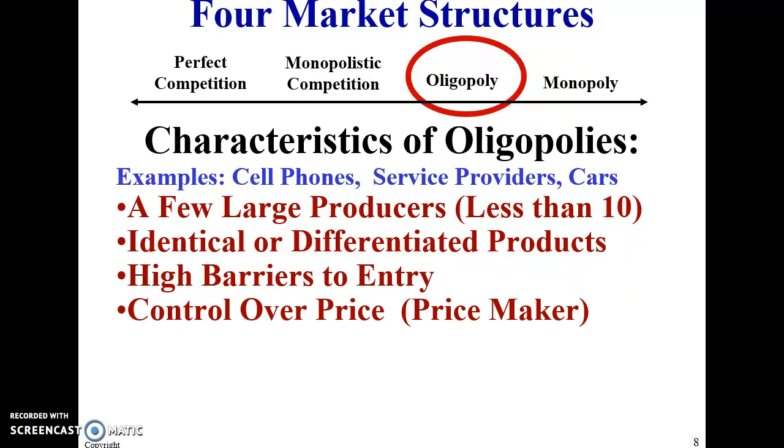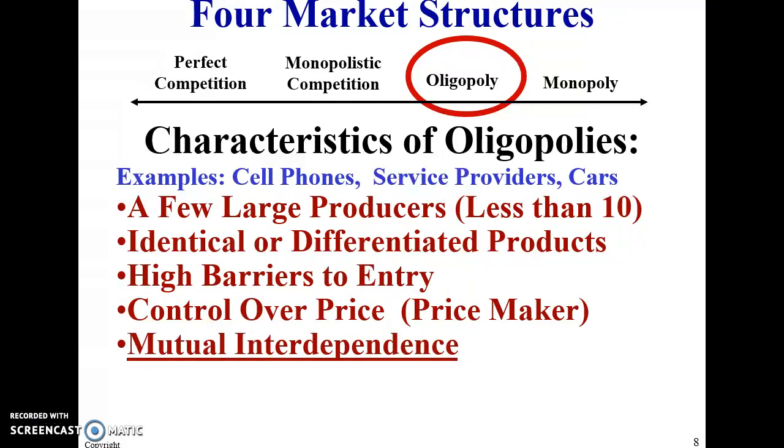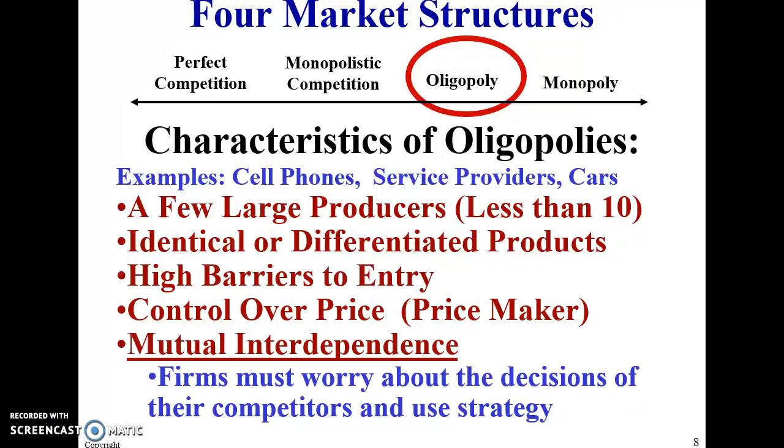They are also price makers, but they are interdependent because they always have their eye on what their competitor is doing. So they don't necessarily set the price without keeping their competition in mind. And that's called mutual interdependence. And there's a lot of strategic behavior with oligopolies. And it's going to be an interesting time when we examine that market.